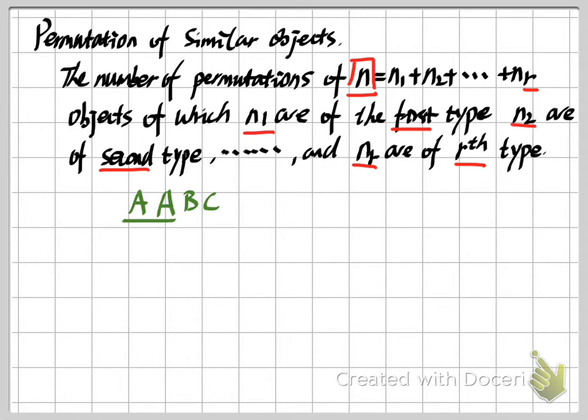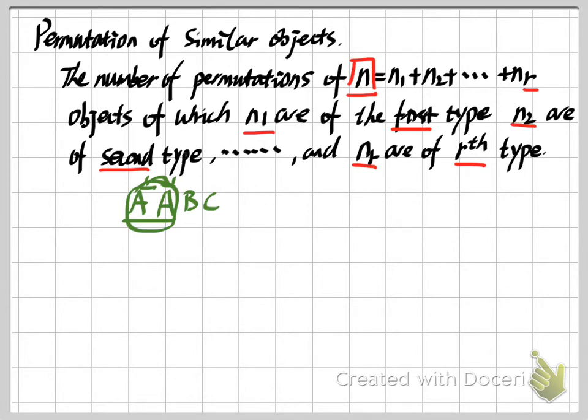This means if we change the order of these similar objects, we still get AABC. It doesn't give us one more permutation. That's why in the permutation of similar objects, we need to remove the ordering, or say the switching between the similar objects, from our total number of permutations.